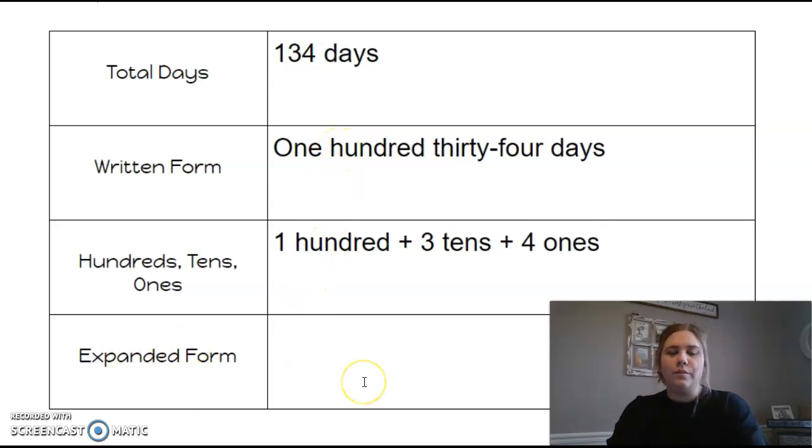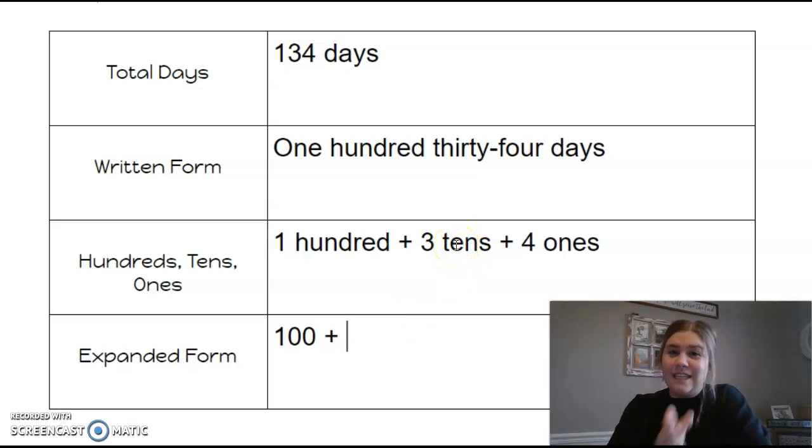Now expanded form, remember, is writing it as an equation, but using our hundreds, tens, and ones to do so. I'll do my equation, but you're going to have to put your equation in our comments for today for 134 days. So if I'm going to do expanded form, I'm going to do it like this. First, I'm going to do how many 100s, and there's 100, so I'm going to put 100, plus how many tens there are. There's 3 tens.